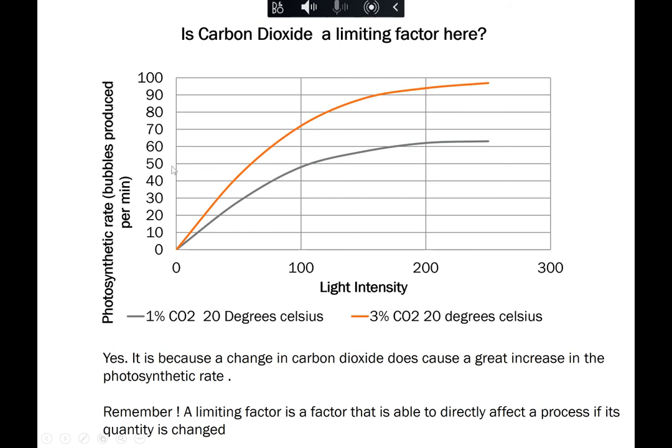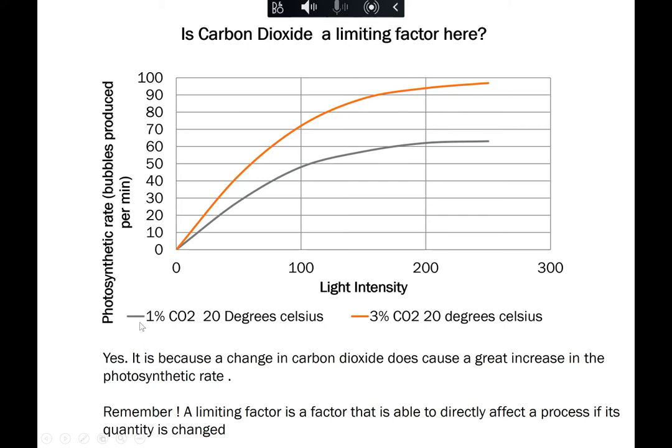Now let's take a look at another example of this graph, which talks about carbon dioxide. You can see the first experiment is the gray line, and the orange line represents the second experiment.